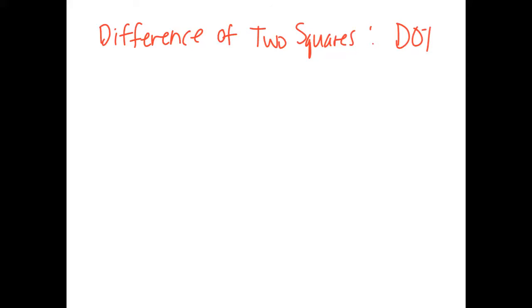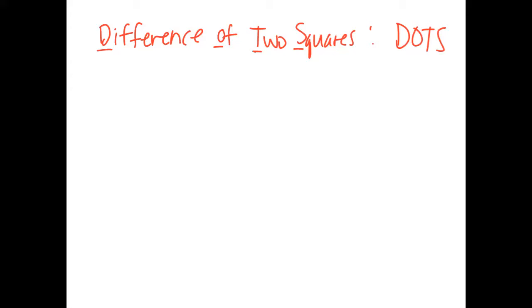A difference of two squares, and I will abbreviate this to DOTS, D-O-T-S, difference of two squares. That happens when you subtract two squares. They will factor out into the same terms, separated by addition and subtraction symbol.